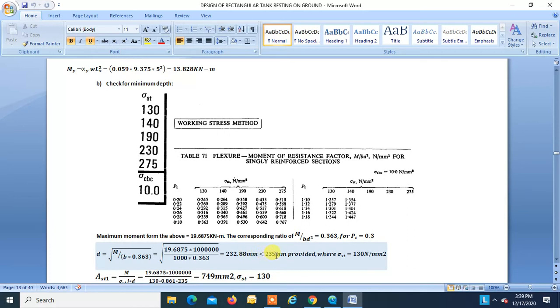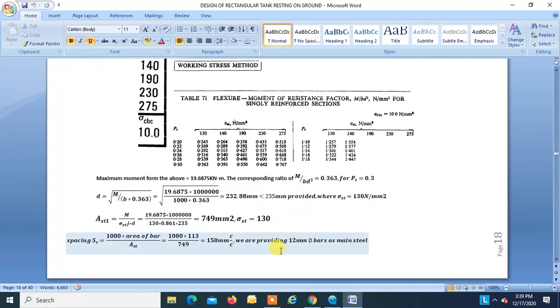As we have provided larger than required, it's okay. You can find AST using this formula, that is 749, and you can find spacing, that is 1000 into area of bar by AST. Area of bar is 113 for 12 diameter, so this is equal to 150 center to center. We will provide 150 center to center steel in both the directions, right?